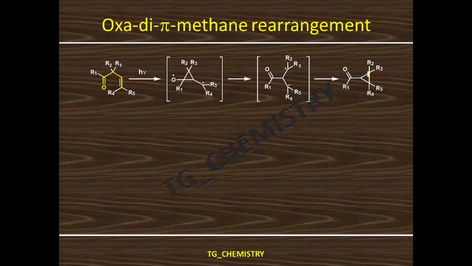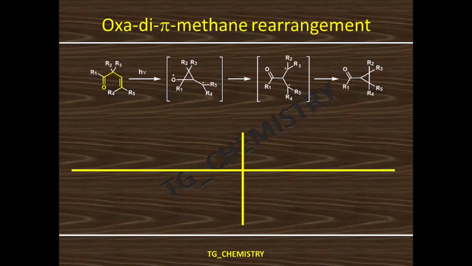One thing needs to be understood: in all cases, cyclopropane ring formation is the usual expected product, and for this oxa-di-pi-methane rearrangement we never obtain the oxetane as the product. So this is one thing to be remembered. There are several examples falling under this category.